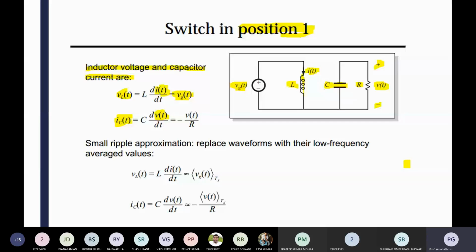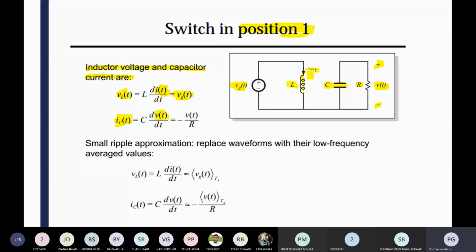If any of the parameters changes, say your load resistance, if it changes with time, then what happens? You can observe that by changing your load resistance, your inductor current also changes, and the capacitor voltage also changes. At every time instant, both iL(t) and vC(t) are functions of time.